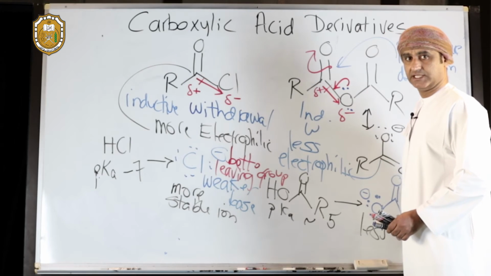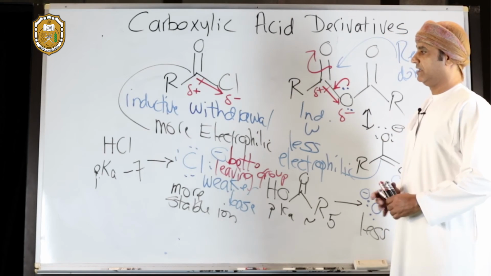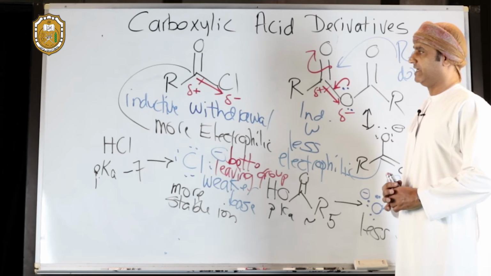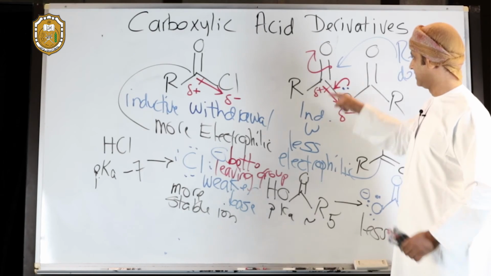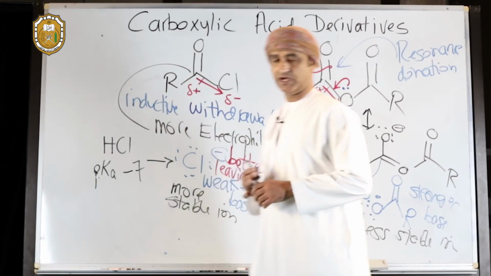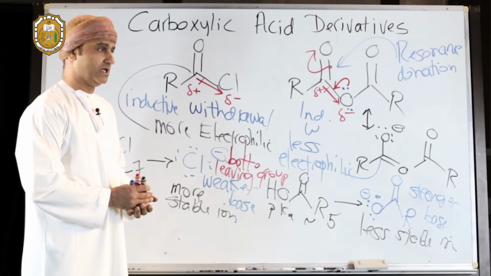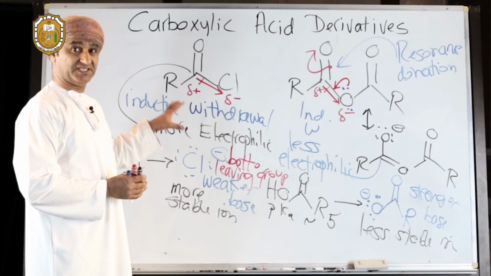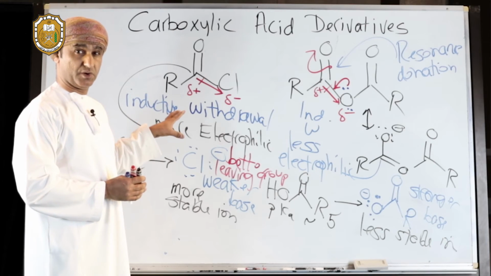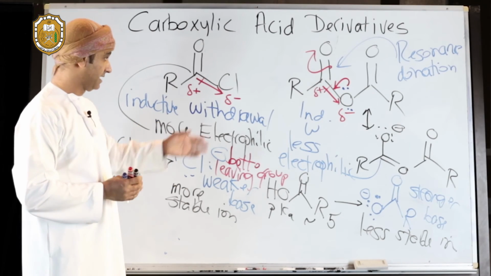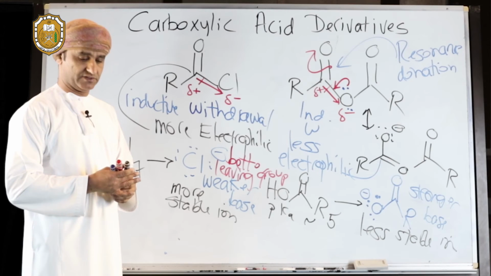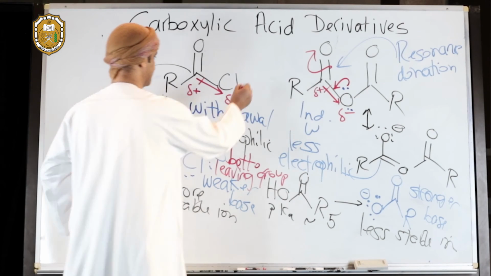So not only is that carbon in acid chlorides more electrophilic than carbon in acid anhydrides, the chloride ion also is a better leaving group. So this entitles, if you like, acid chlorides to be more reactive than carboxylic acid anhydrides in nucleophilic acyl substitution reactions.